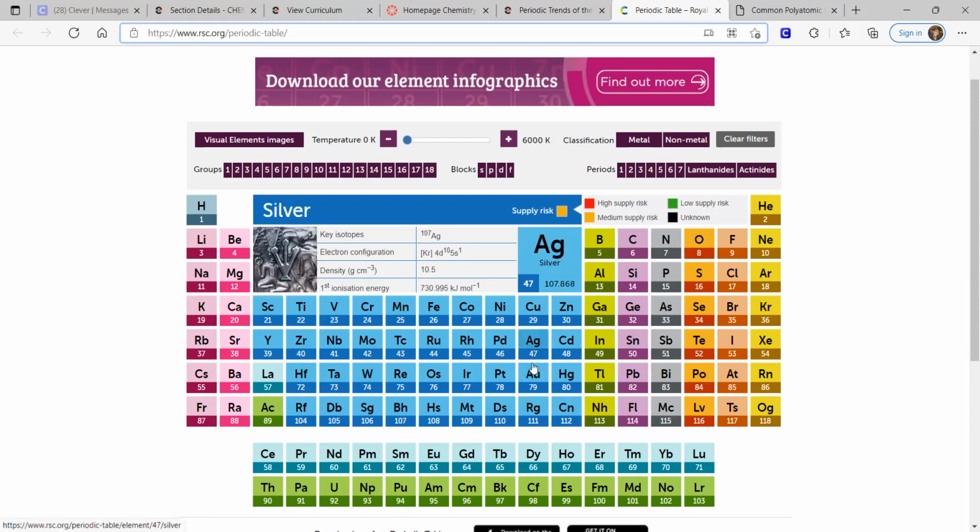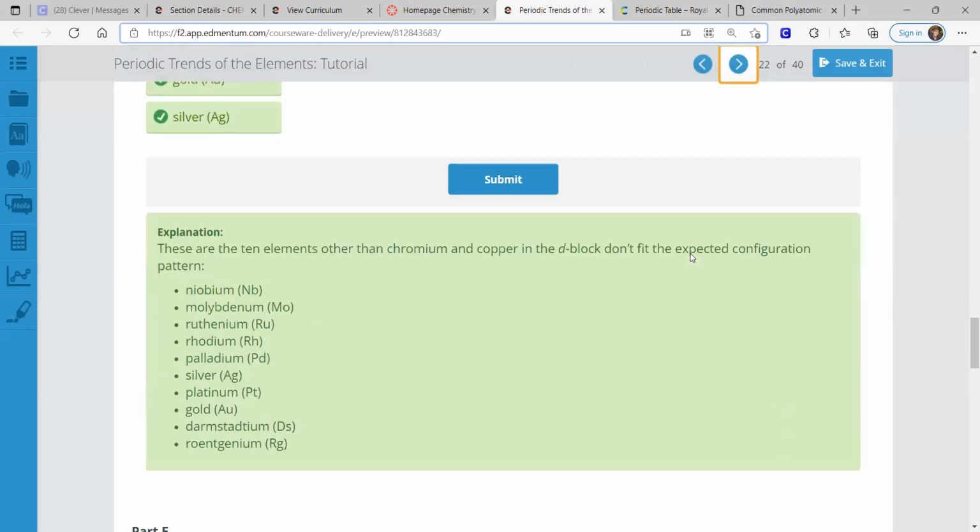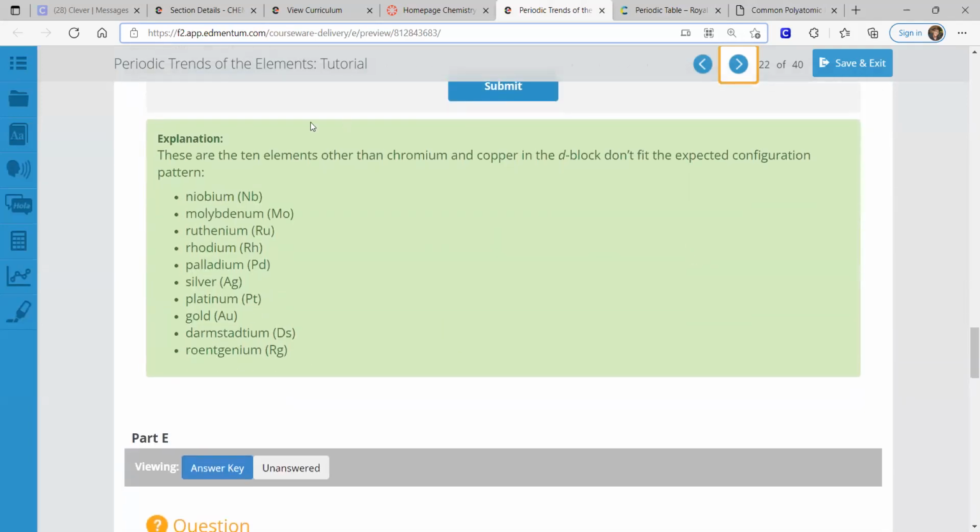So we got silver, gold, and ruthenium too. We go from 5s2 to 47. So strange. These guys do not play by the rules. And here are other ones that don't fit. A lot of the d block acts a bit funky.